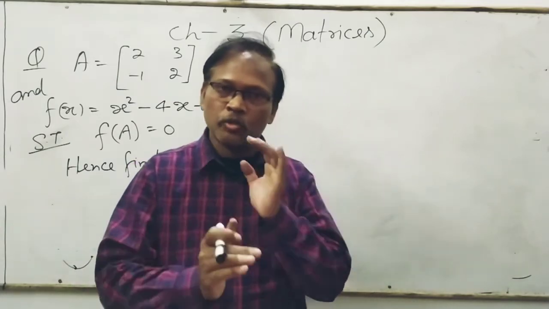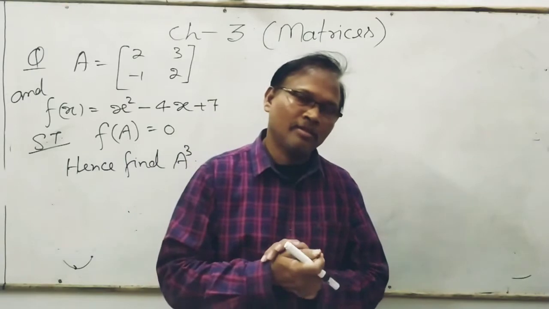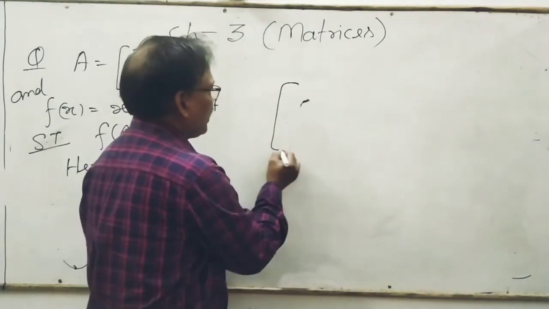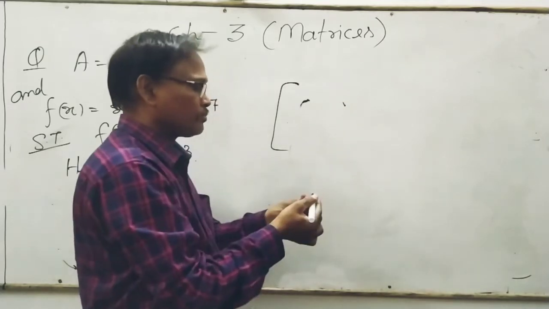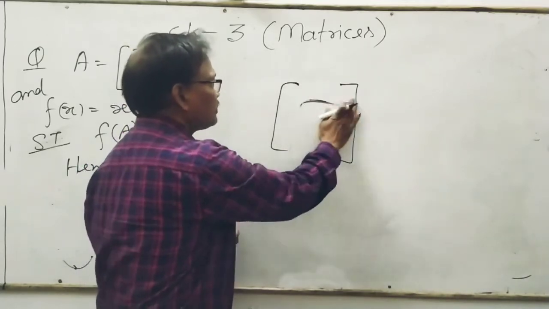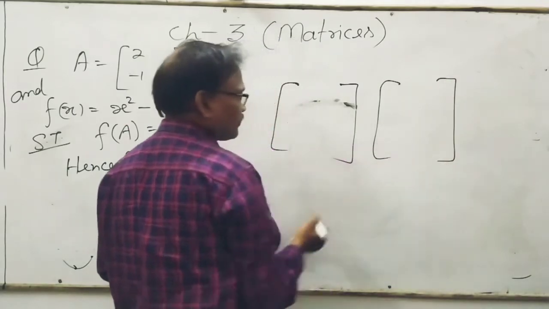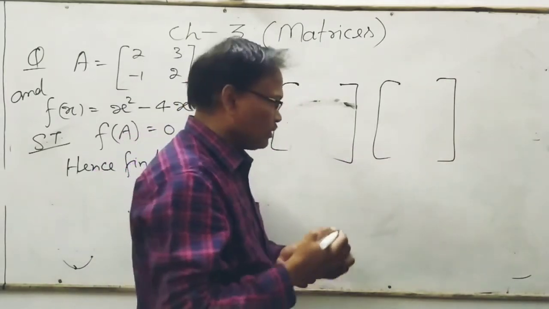But when we do the multiplication, then there is a rule. First we have the two matrices like this, and you know the rule.